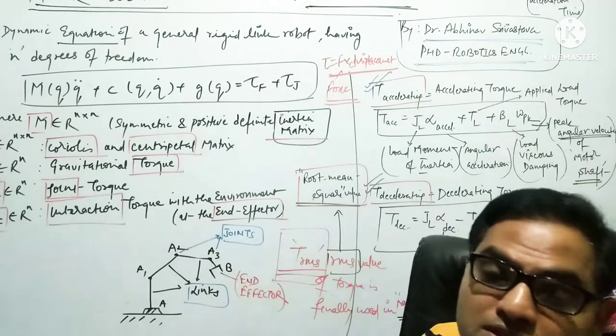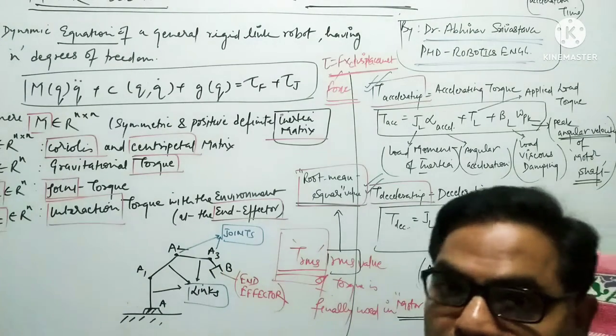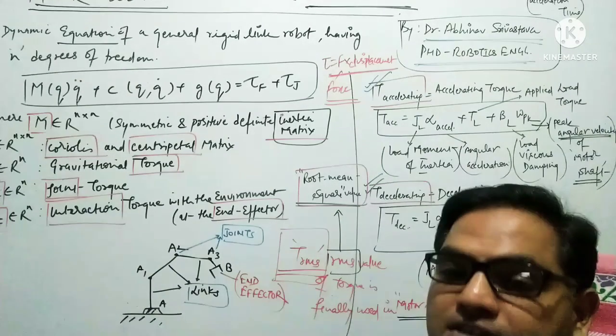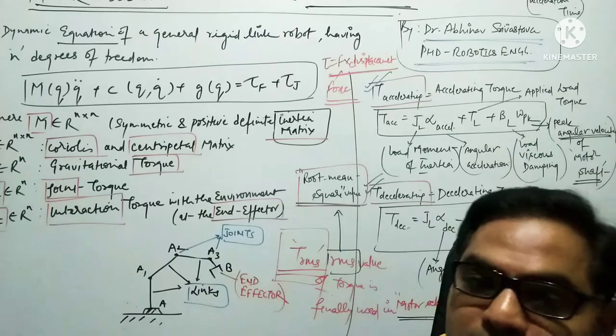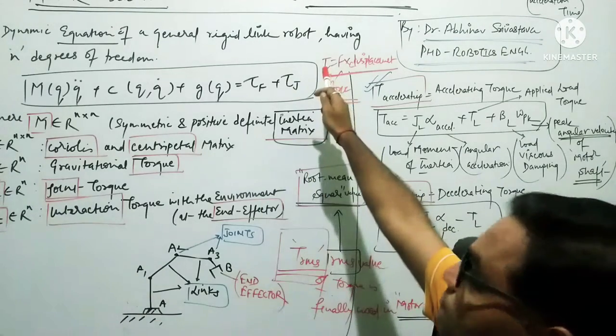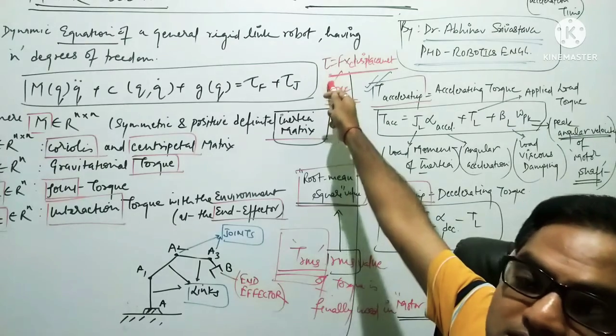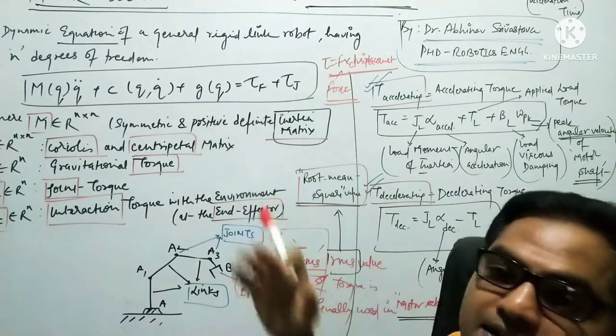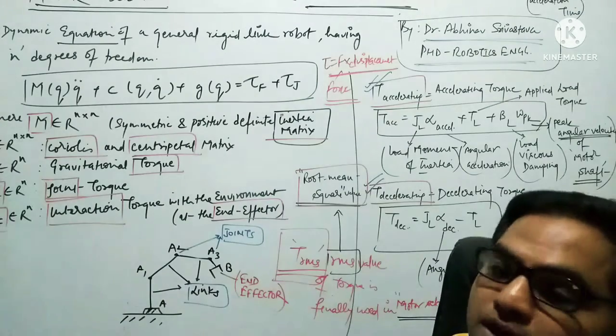On the basis of these things, trajectory planning is done, which we will discuss in another lecture, whenever time allows. So that's why torque calculation is the basic foundation for calculating the motor characteristics of a robotic joint.